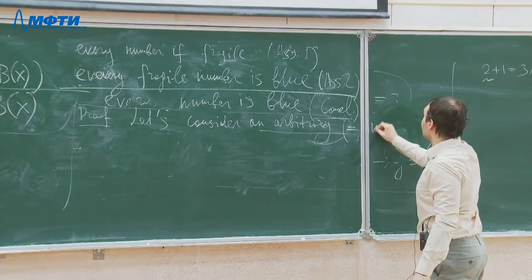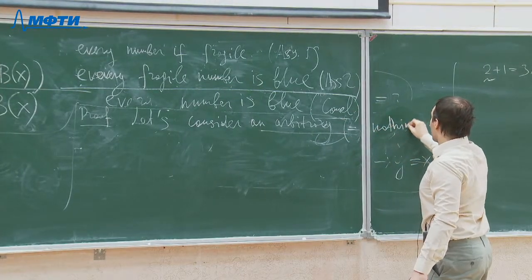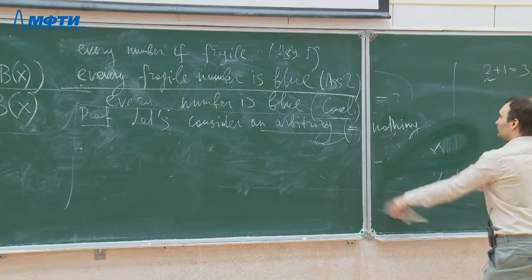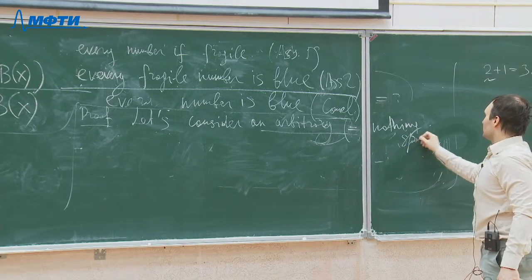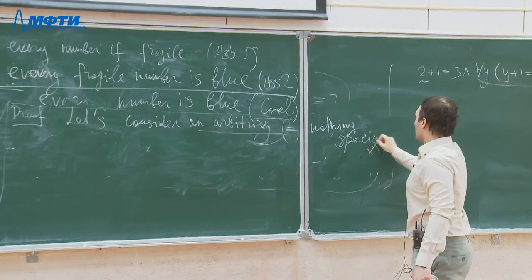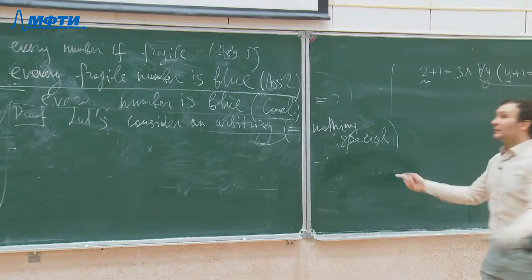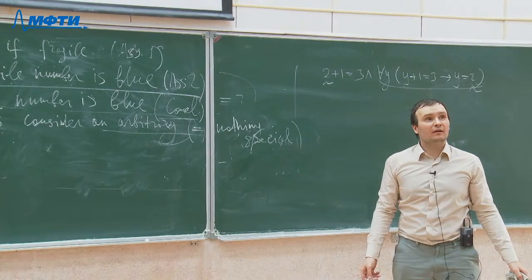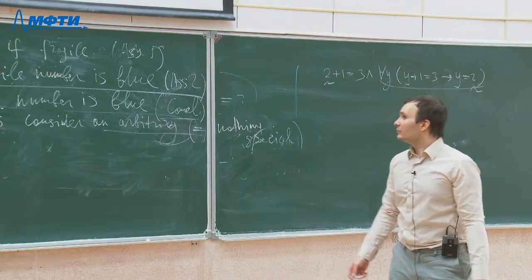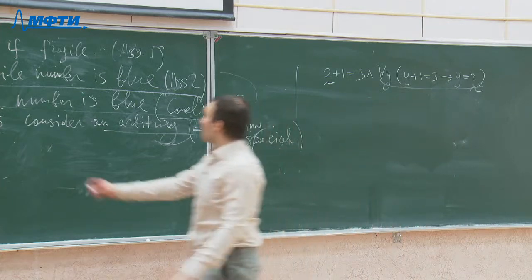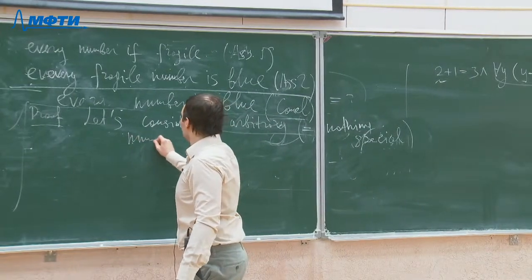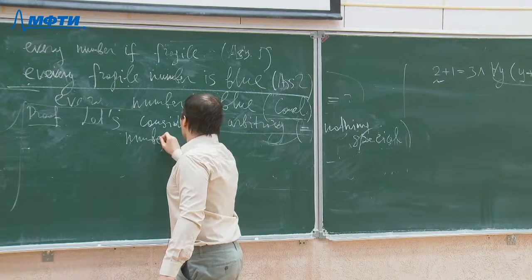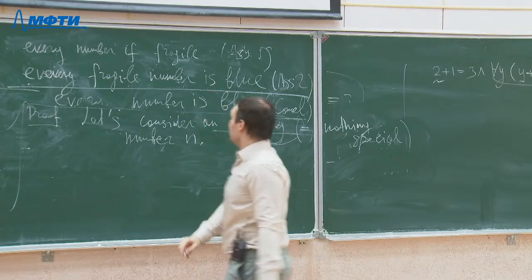Arbitrary means nothing special. Let's consider an arbitrary number and call it n.